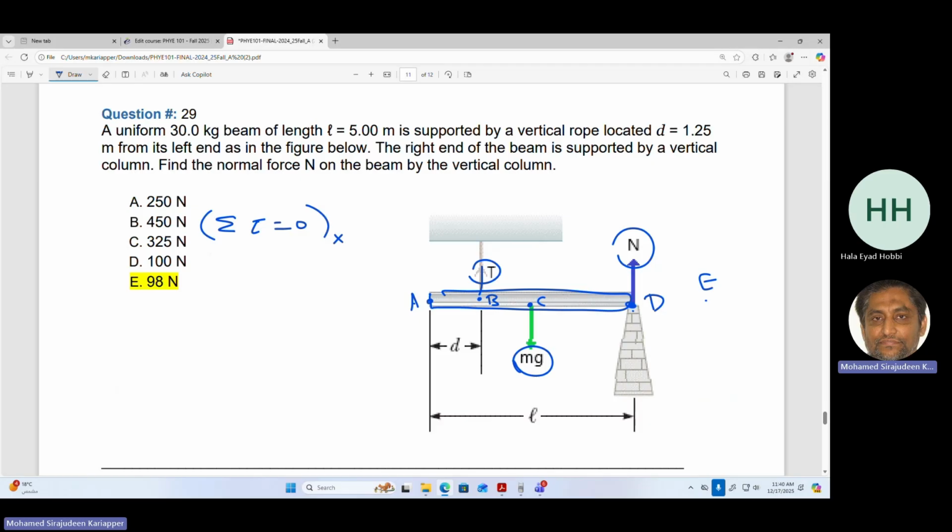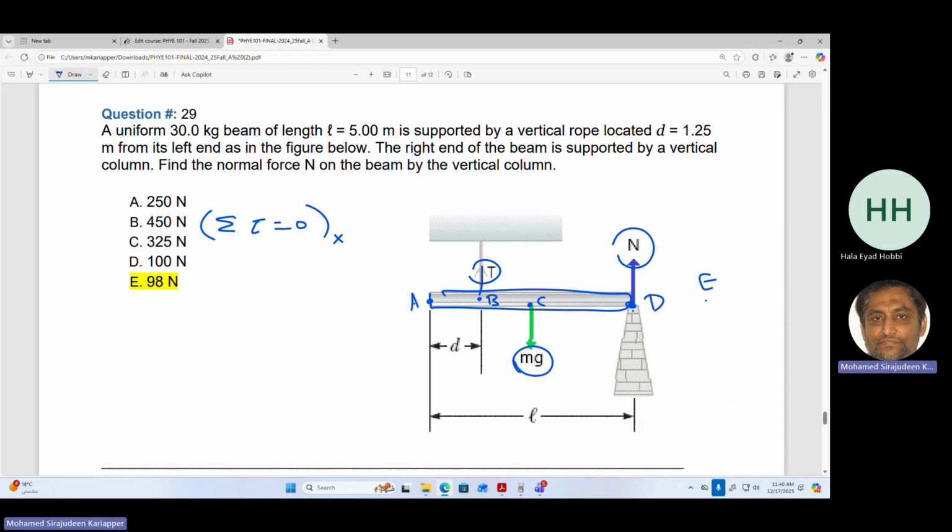If it is in equilibrium, the net torque equal to 0 should be satisfied no matter which point I take. So it is up to you to choose wisely, so you arrive at the equation as fast as possible.